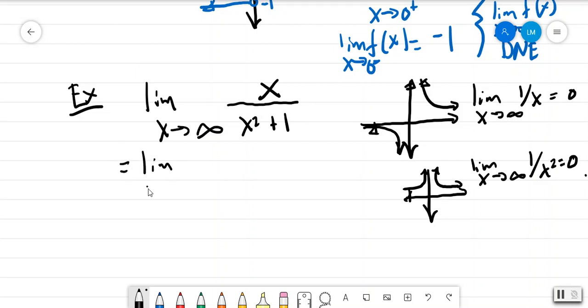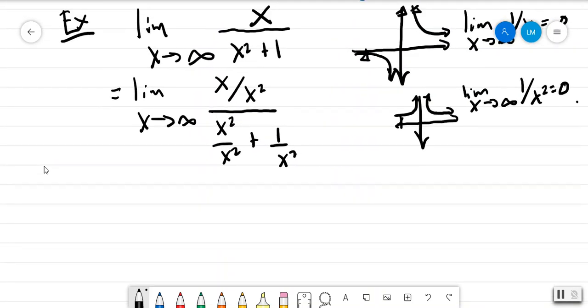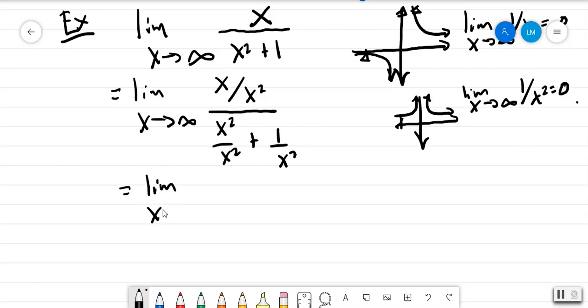We have to divide by the largest term in the denominator. So that would be x divided by x squared over x squared plus 1 over x squared. If we do it like this, then we end up with 1 over x, and then 1 plus 1 over x squared.